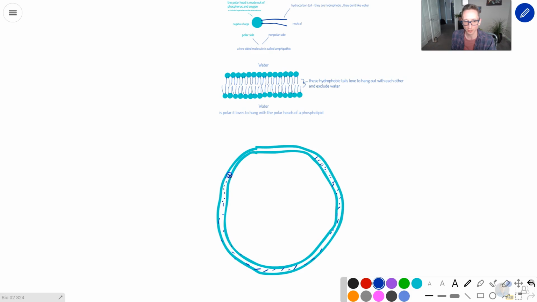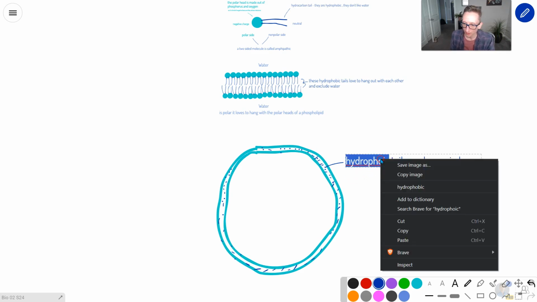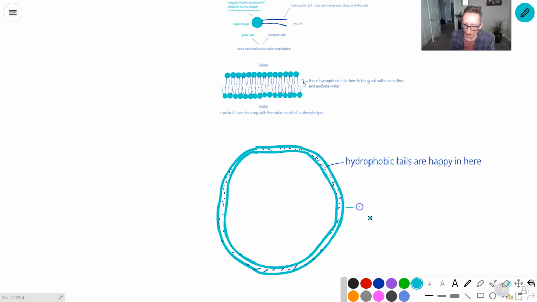The hydrophobic tails are happy in here. And the polar heads are happy interacting with polar water. Because again, this is all water, and this is all water. This thing is essentially a cell membrane.